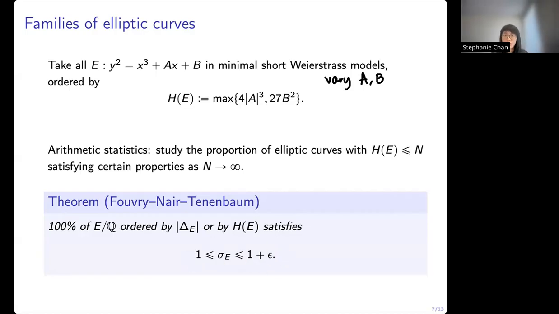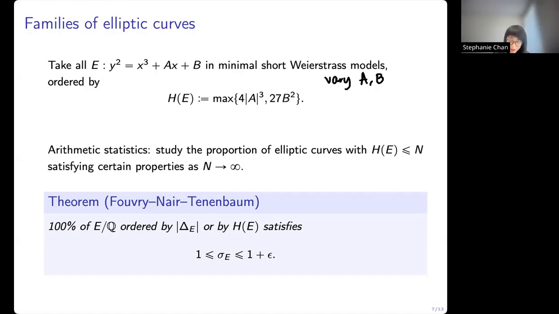So it's very close to 1 in some sense. This lower bound here just comes from the trivial bound, so the content of this theorem is really on this upper bound. They've shown that for almost all curves, the Szpiro ratio is arbitrarily close to 1.